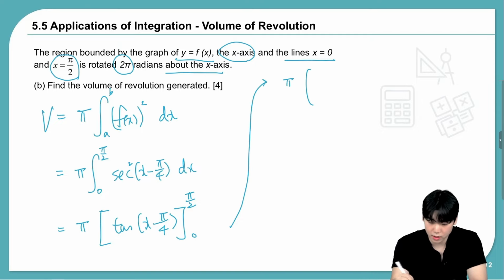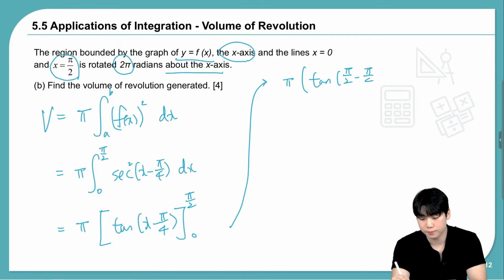So it's pi of tangent of pi over 2 minus pi over 4, minus tangent of minus pi over 4, because it's 0 minus pi over 4.